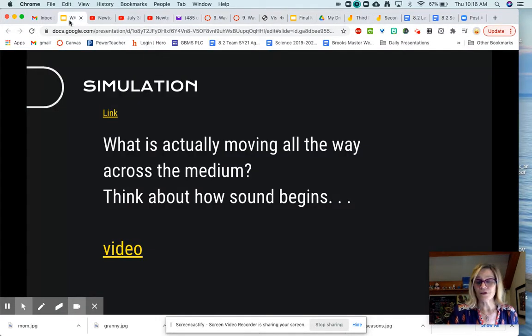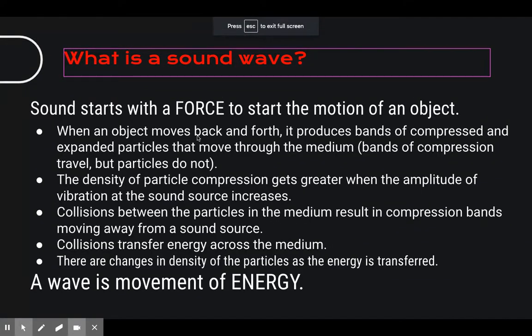As we talk about that, we realize that sound starts with a force to start the motion of an object. When an object moves back and forth, it produces bands of compressed particles, that's when all the particles are smushed together, and expanded particles. And that compression moves through the medium. Remember, the compressed regions are more dense.